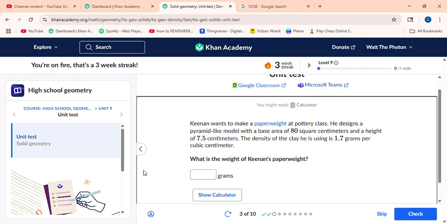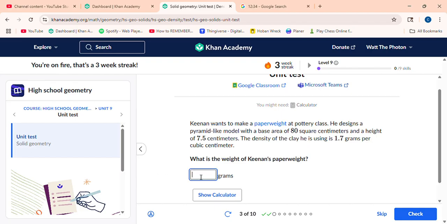And then we're going to multiply 80 times 7.5, divide that by 3, and multiply all that times 1.7. So 7.5 times 80 divided by 3 times 1.7. 340 grams.